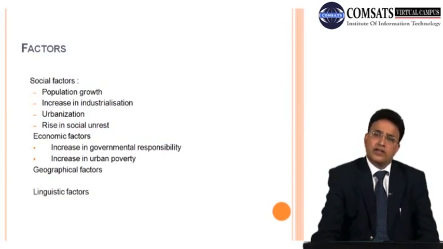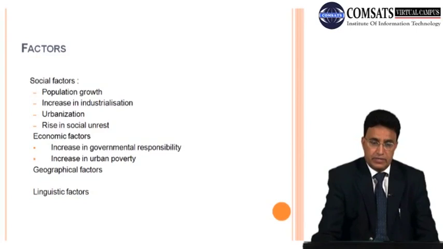In the same way, you can further categorize economic factors such as increase in governmental responsibility, increase in urban poverty, and geographical factors like the distance between East and West Pakistan, and the difficulty of keeping a liaison and day-to-day control.